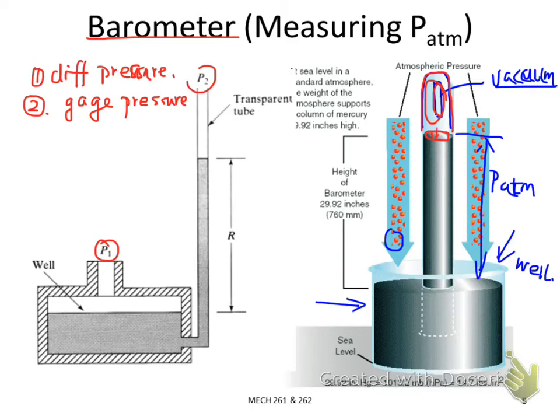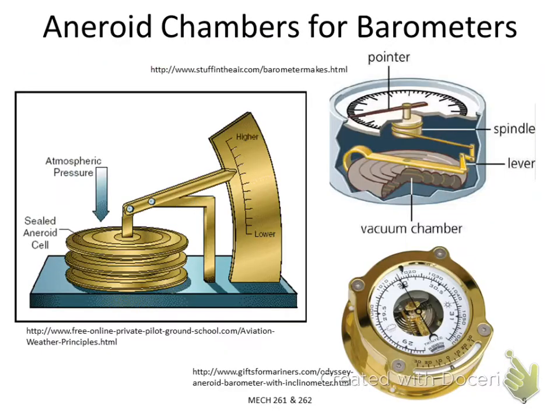So you will never be able to achieve a pure vacuum. That's why this schematic is useful to introduce the principle, but is not very practical. The major problem is how to have good control to make a pure vacuum chamber. So let's look at some practical devices.